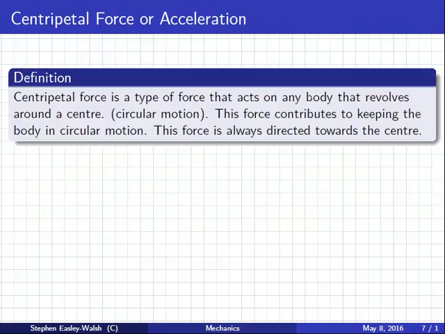It's good for your English. So we should also write this force contributes to keeping the body in motion. It'll help you remember this.